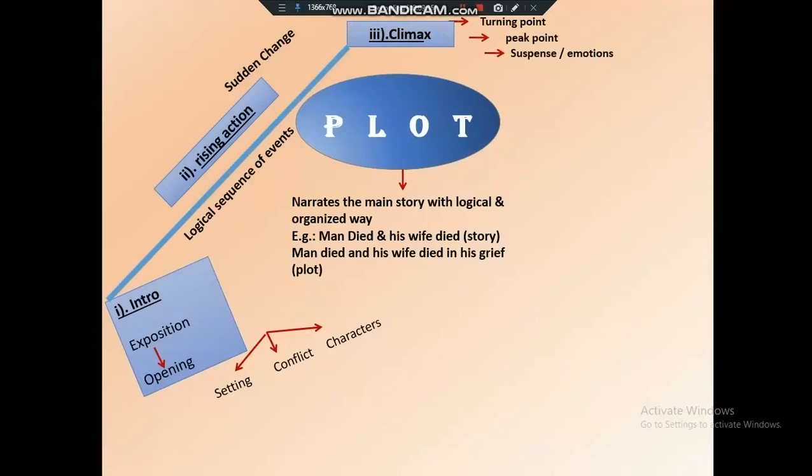Then after climax, falling action starts. And falling action is also called anticlimax. You can be asked to explain the anticlimax in the play. Here, the self realization of the characters is there.